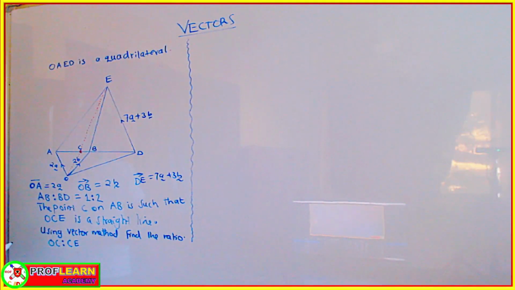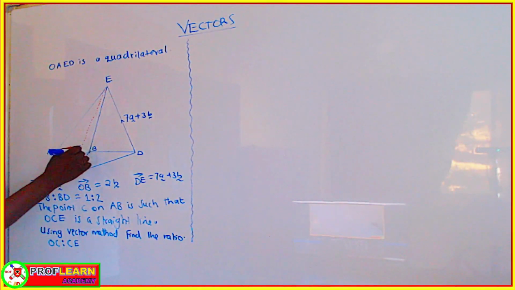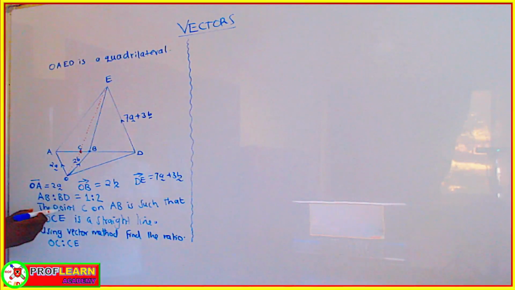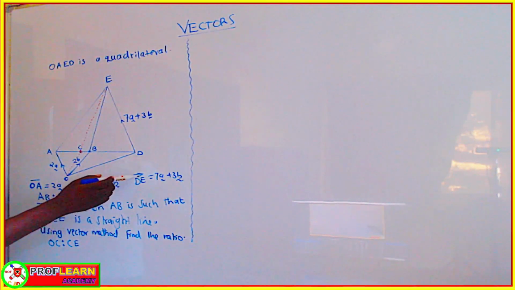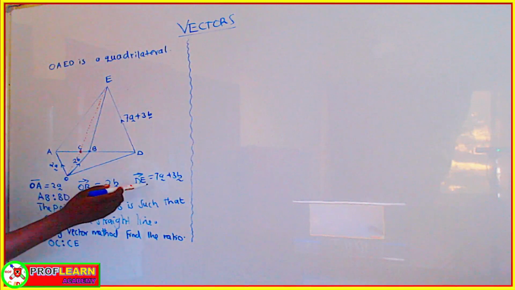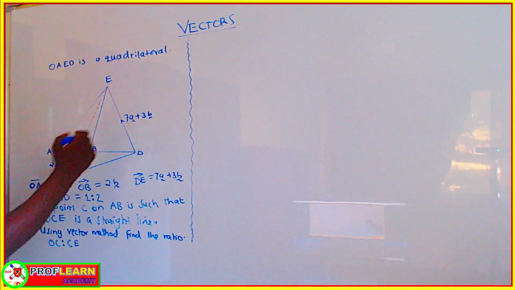For instance, here we are told that OAED is a quadrilateral whereby OA is 2 vector A and OB is 2 vector B. Actually, OB is this line here. And then we are told that DE equals 7A + 3 vector B, this part.